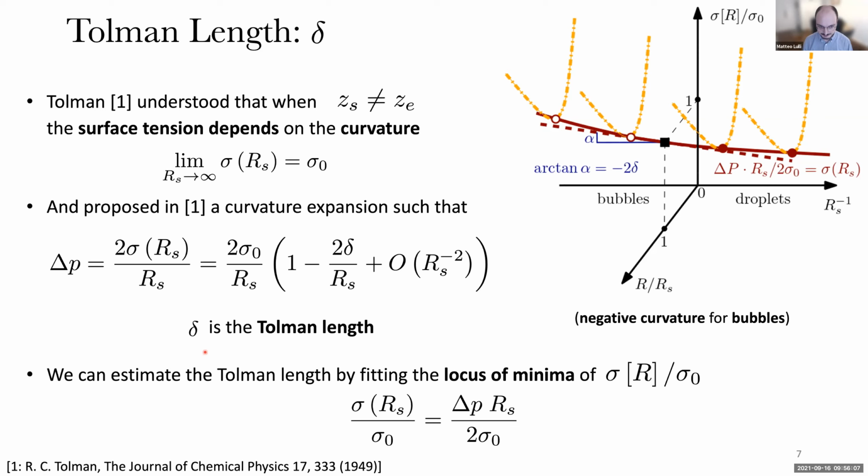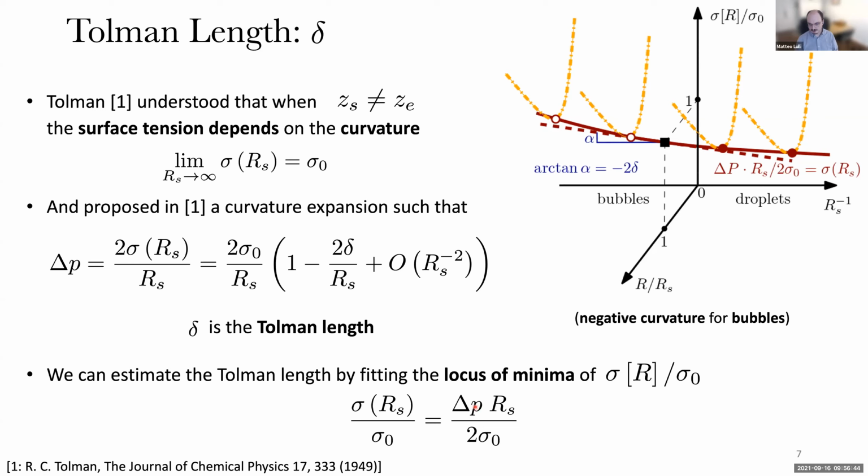So is there a way to estimate the Tolman length? Yes. Given the generalized surface tension, we need to be at the minimum to be at the surface of tension. And so we can just follow the minima of the generalized surface tension and extrapolate their behavior near the zero curvature limit. So how to do this? We can still use a Laplace test.